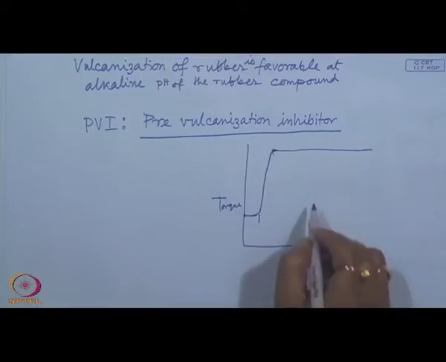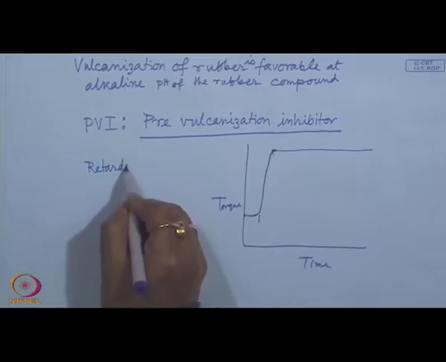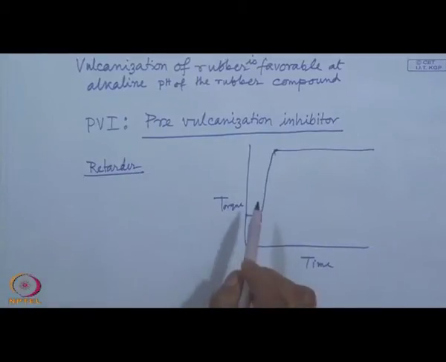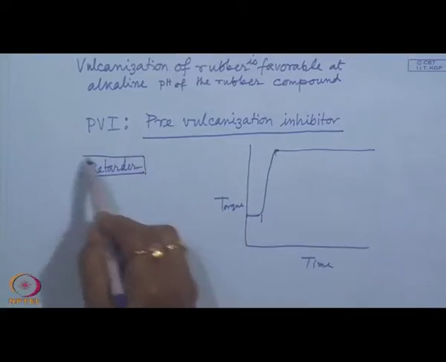That is done by the use of a retarder. During compound formation in a mixer, say an internal Banbury mixer or open mill, for proper mixing and dispersion of the ingredients, the accelerator and sulfur should not start reacting. That can be kept dormant by the use of some retarder.